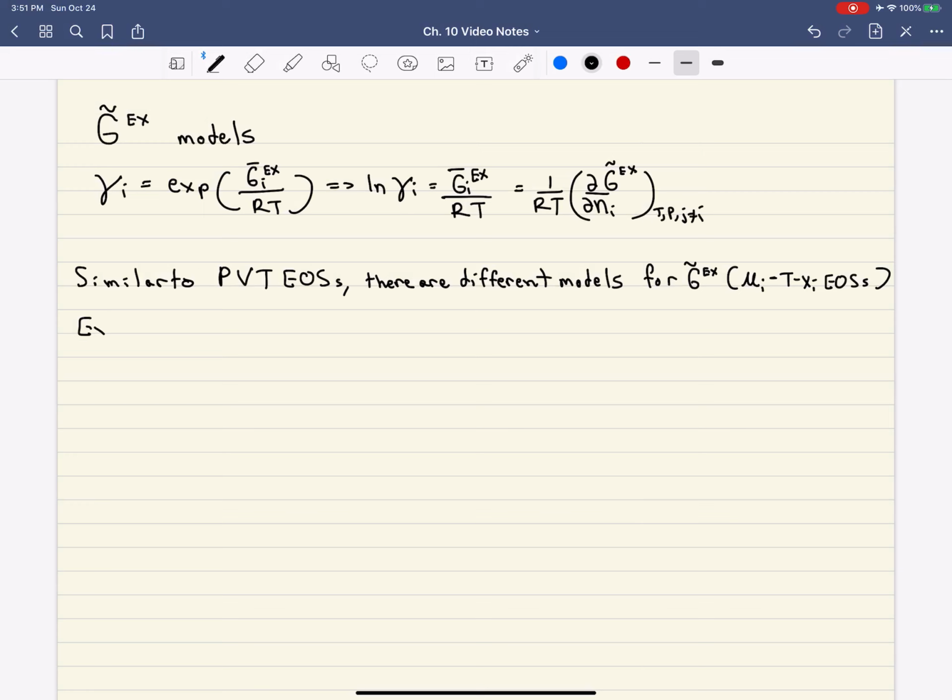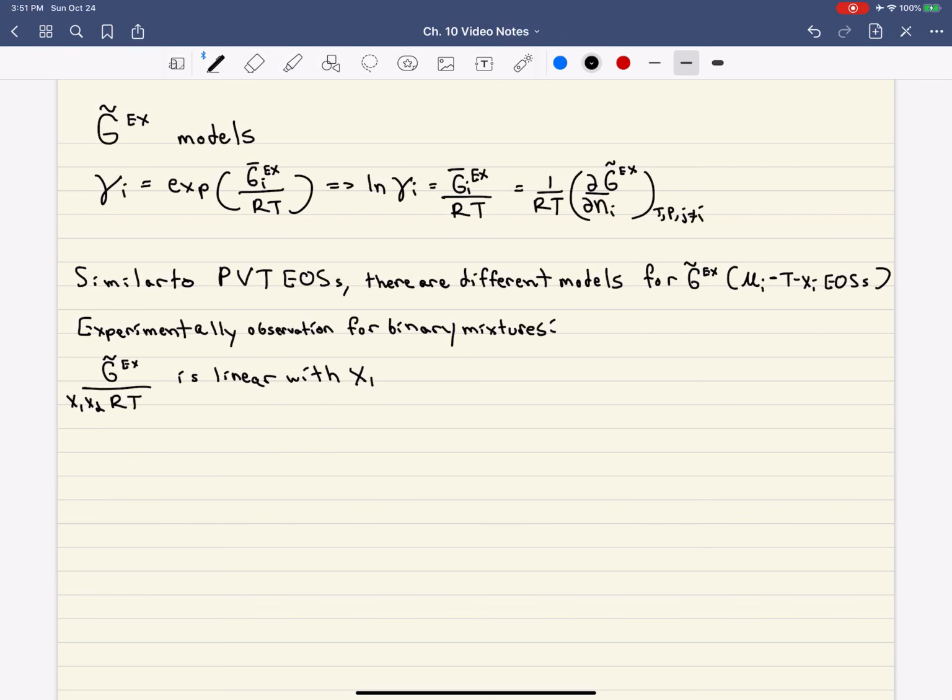Now, experimentally, when people have set out to measure the molar Gibbs excess, in particular for binary mixtures, what they observed is that the molar Gibbs excess energy divided by not only RT, but also the mole fraction of species 1 and the mole fraction of species 2, this sort of ratio is linear with x1.